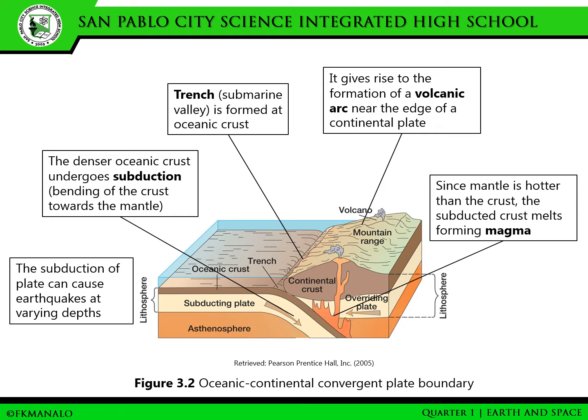What landforms will be formed after? Trench, which is a submarine valley, is formed at oceanic crust. Also, trenches are described as the deepest part of the oceans. Moreover, this type of plate boundary gives rise to the formation of volcanic arc near the edge of a continental plate.